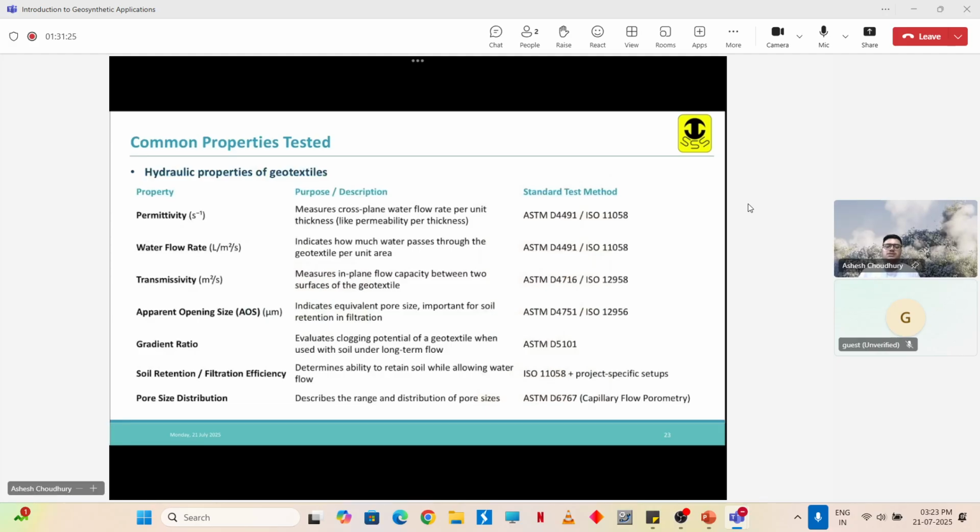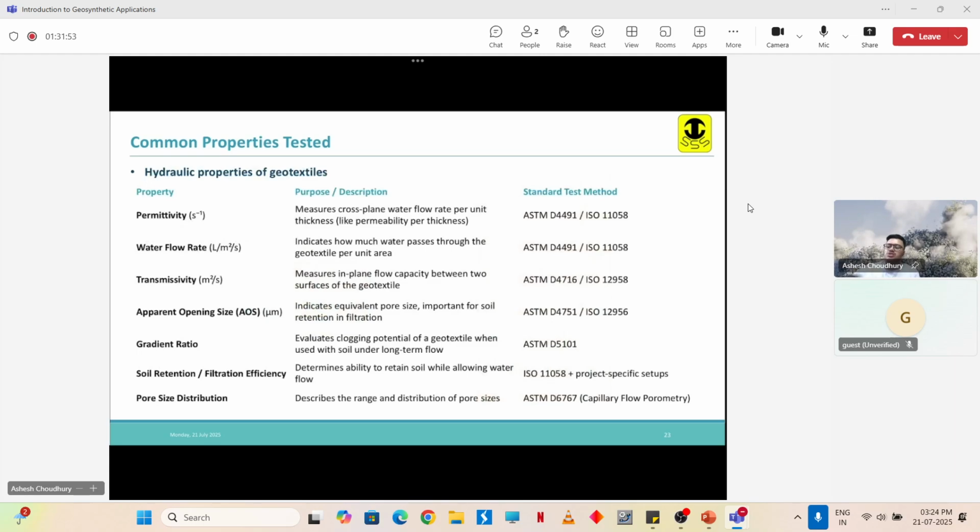This is measured as per ASTM D4491. It measures the cross-plane water flow across the geotextile. Water flow rate indicates how much water passes through the geotextile per unit area. Then we have transmissivity, which measures the in-plane flow capacity between two surfaces of the geotextile. So permittivity measures the cross-plane flow, transmissivity measures the in-plane flow.